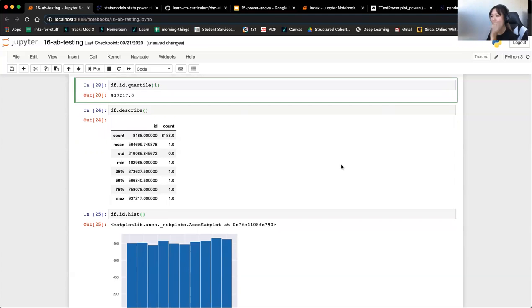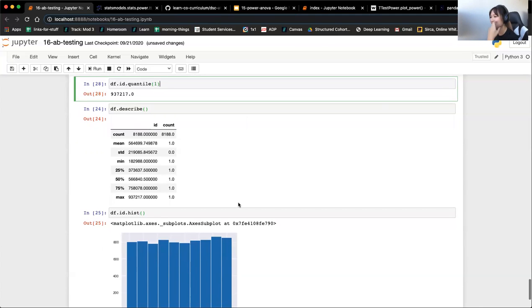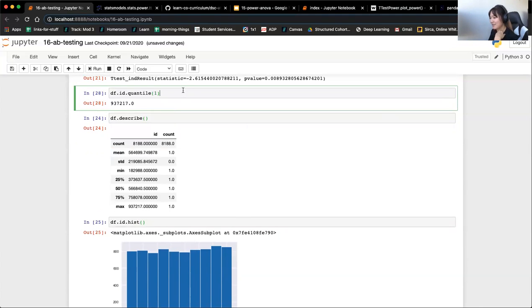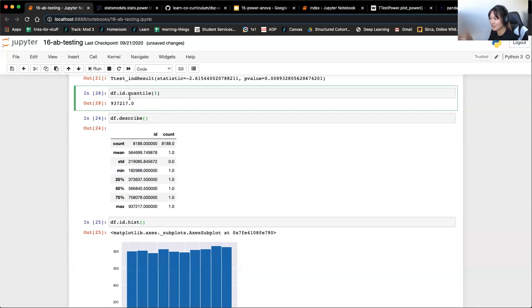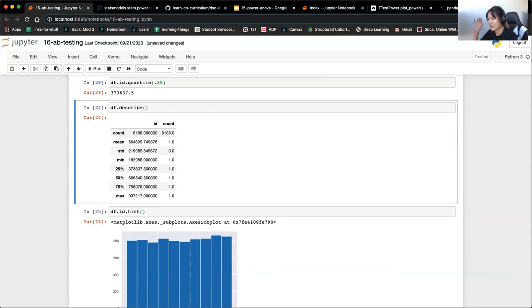You can't do it just like that, unfortunately. I think you would have to do something like, I don't know if there's something already built in, but let's say you want to do it by your different quartiles. Like you want to bin everything between this value and this value, between 25 and 50, between 50 and 75, 75 and max. If you want to do that, I think you would have to literally go through, and if it's between this and this, replace it with df.quantile 0.25, and replace it that way.